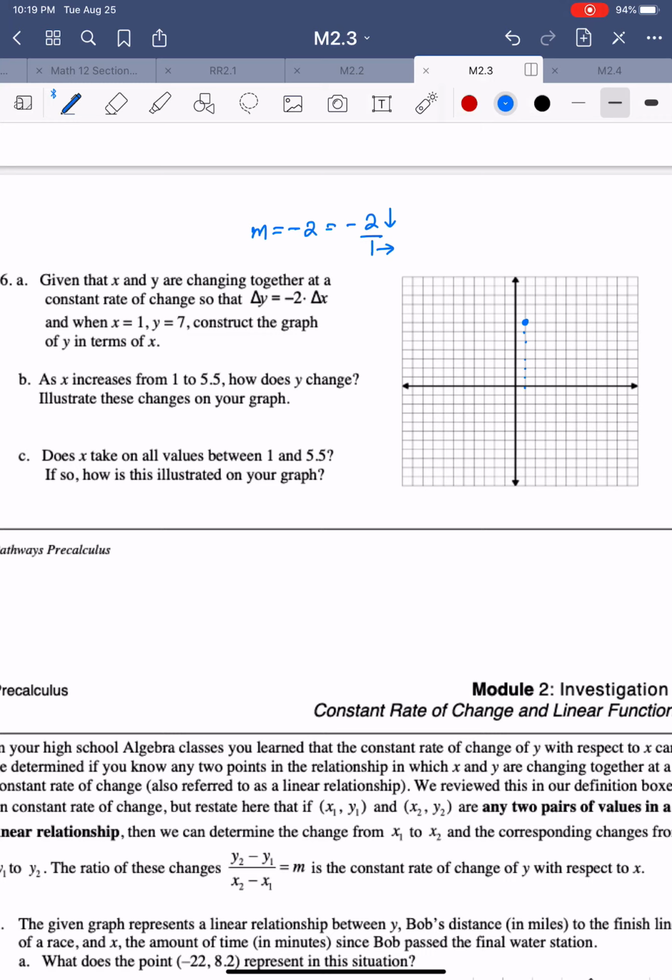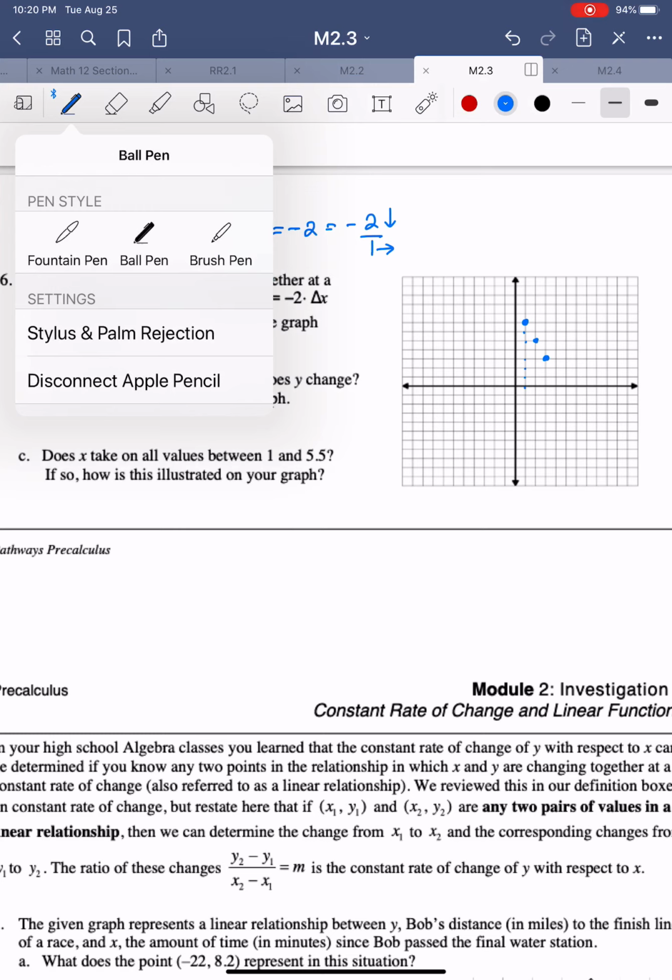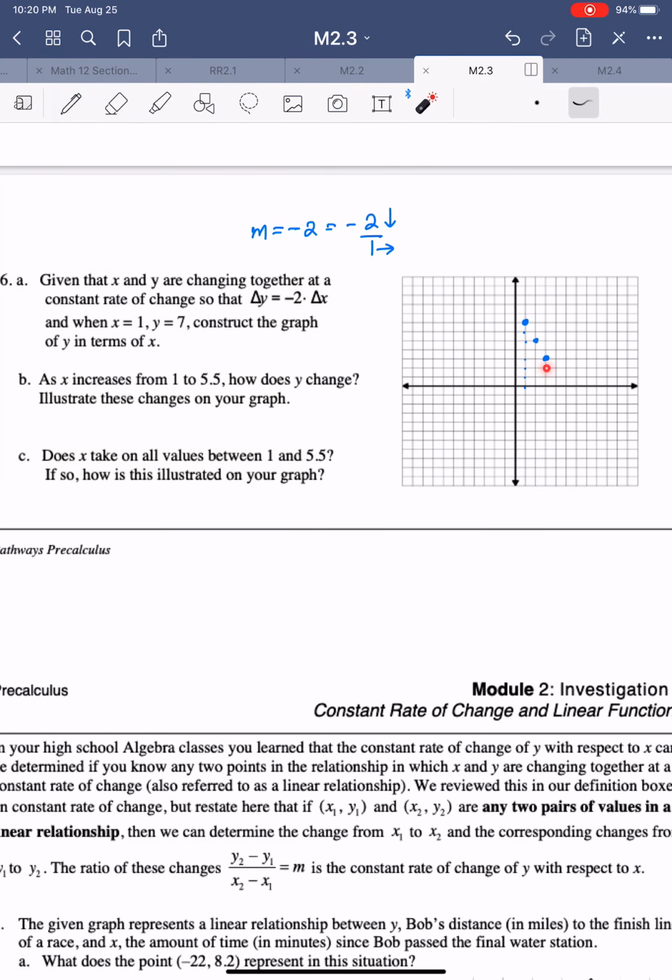So you go from here 2 down and 1 right, and you end up here. Do it again: 2 down and 1 right. Again, 2 down and 1 right, and again 2 down and 1 right.